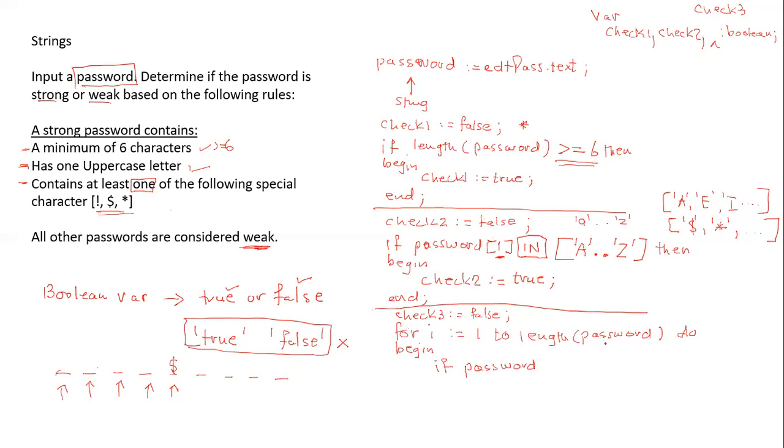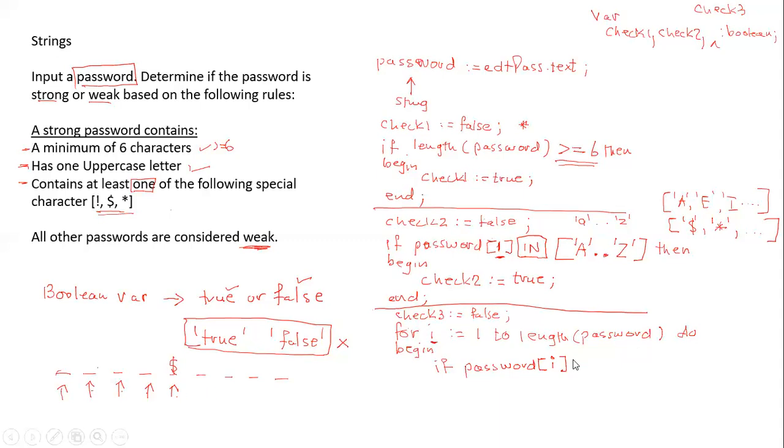When I refer to password, I'm referring to the entire string, but when I use square brackets, I'm referring to one character. In the previous example, I was referring to position 1, a specific position. Here I'm referring to position I. So the nice thing about this is as I changes in the loop, I'm going to be looking at different positions, different characters in my string.